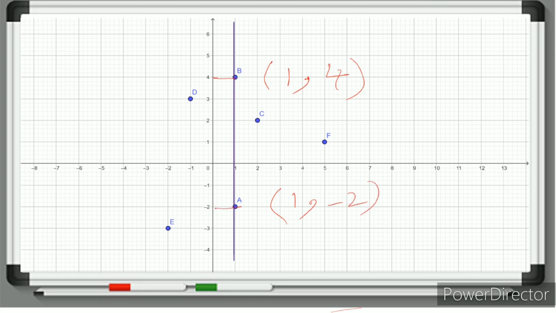So see, in these 2 ordered pairs the first coordinate is the same, 1. For the condition of a function, no 2 ordered pairs should have the same first coordinate. The input should not be the same, but here 2 ordered pairs have the same input. For each input there should be one output. For one input, one output. So this given graph is not a function.